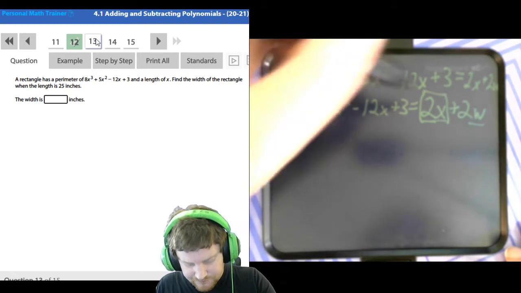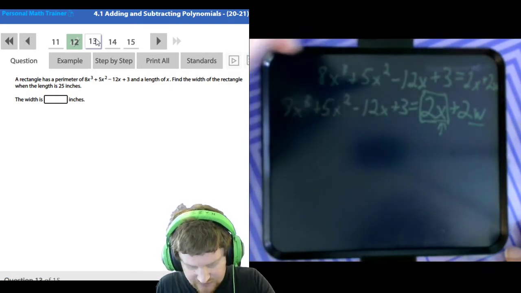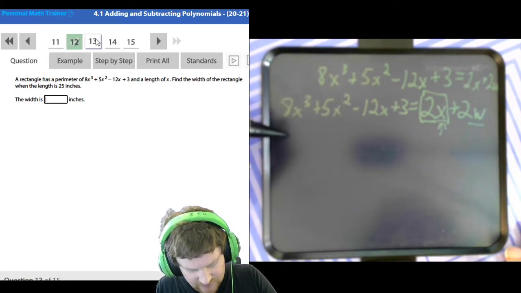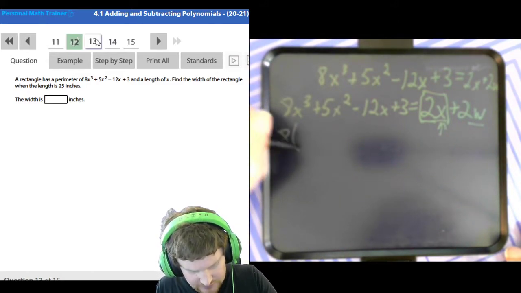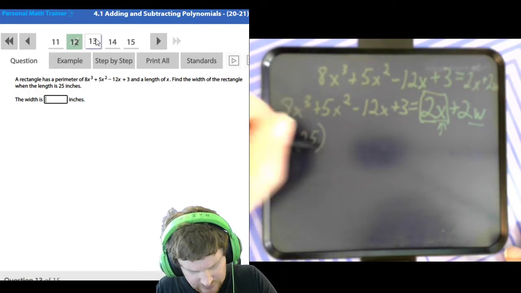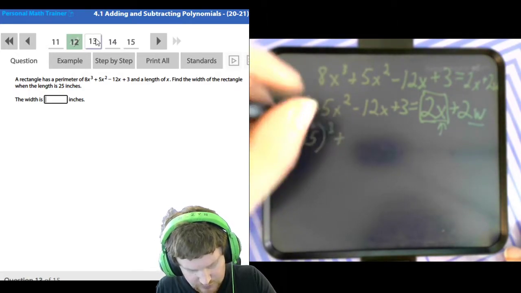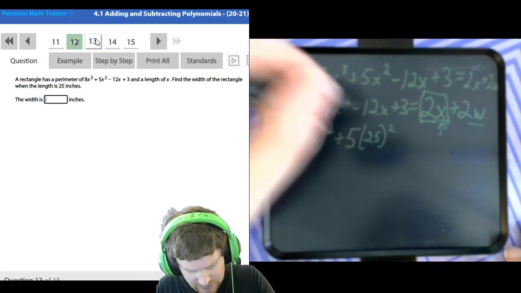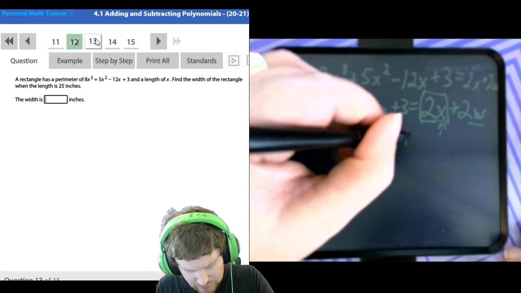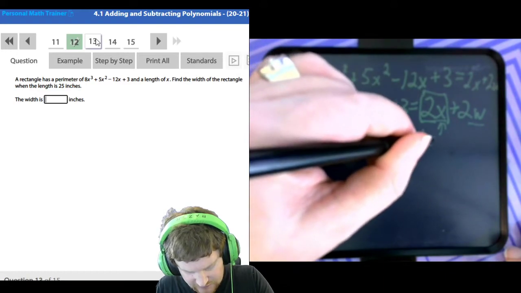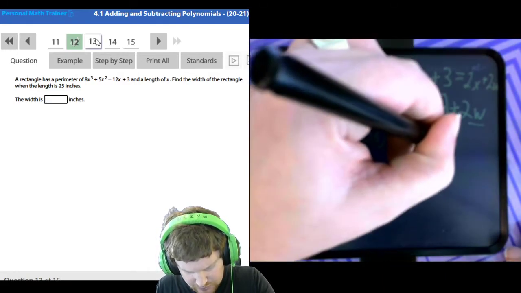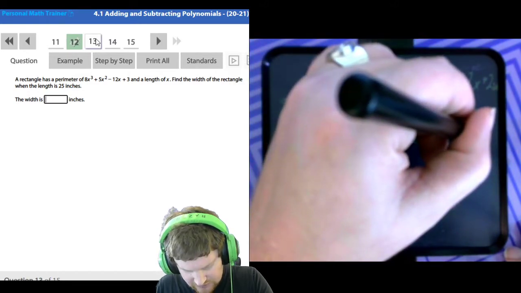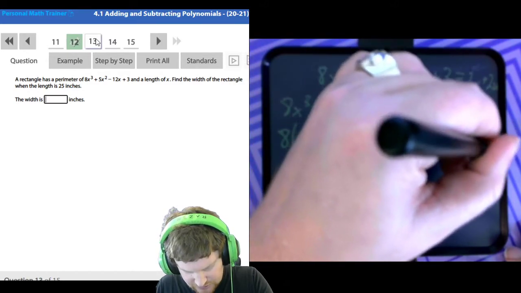Okay. So if x is 25, then once again I can just plug a bunch of 25s in here. So 8 times 25 cubed plus 5 times 25 squared minus 12 times 25 plus 3 equals 2 times 25 is 50 plus 2w.